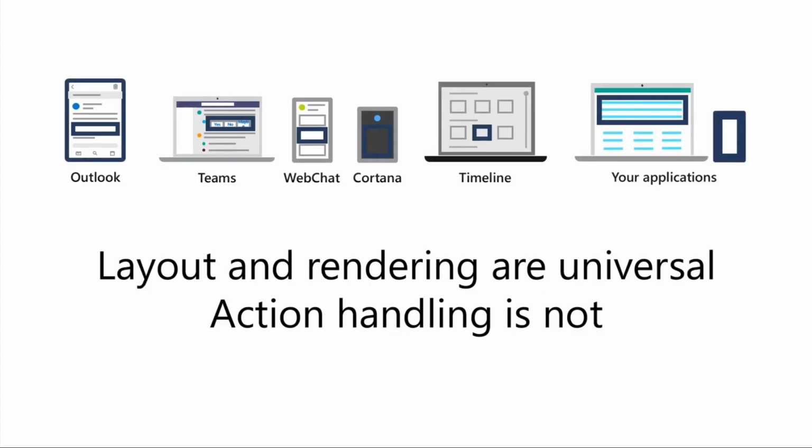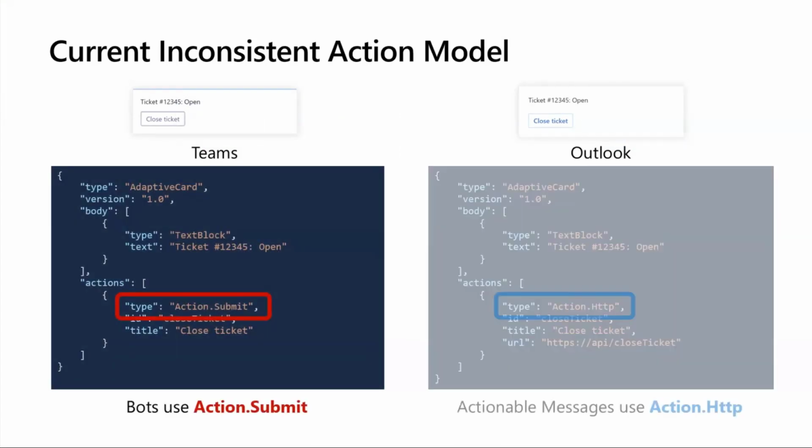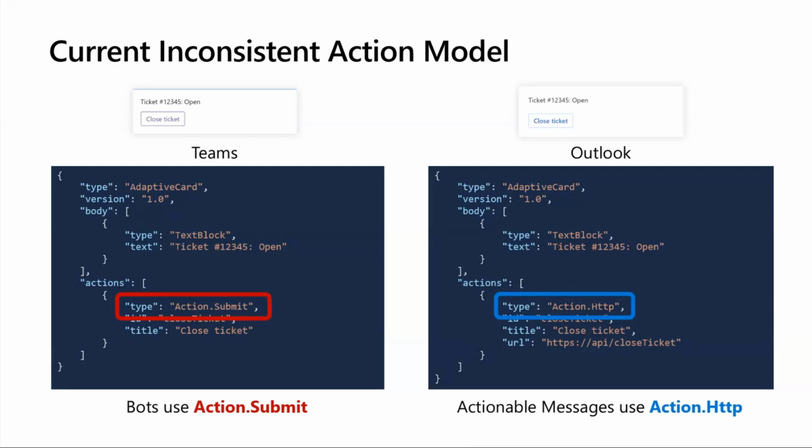And the challenge that such a broad ecosystem presents is that while layout and rendering for adaptive cards are universal, the action handling is not. And this is also a question that I just saw on the chat. What it implies is that today there is an inconsistent action model between Teams and Outlook.